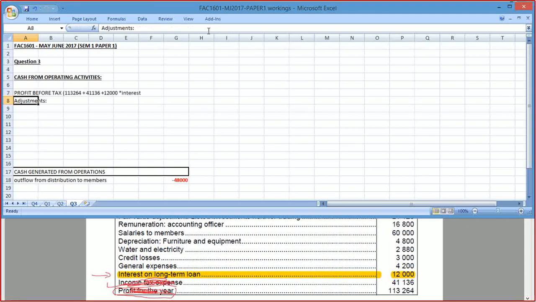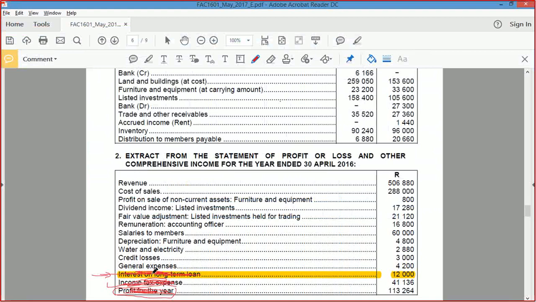Then you show it as an outflow, because you can't show it twice. You can't show it up here and then also show it down there. Okay, so now I've done that. I can cross that off.